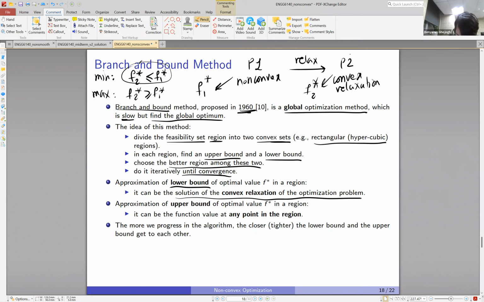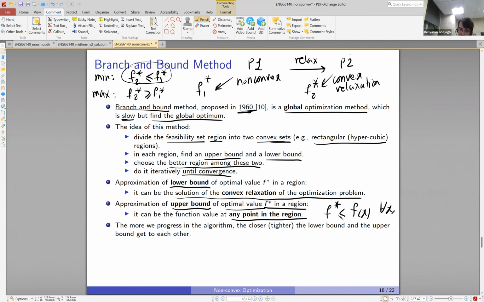For upper bound of the optimal value F star in that region, it can be any point in the region. Why? Because this is by the definition of the global minimum F star. What is the definition of the global minimum of function f, which is F star? It means that F star is less than or equal to f of x for all x in the domain, right?